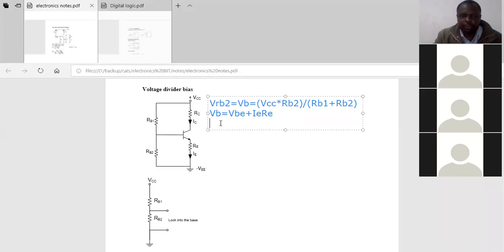And then the other equation, which is very important, is the one which runs down from VCC. So VCC is equal to ICRC plus VCE plus, what do you put next there?